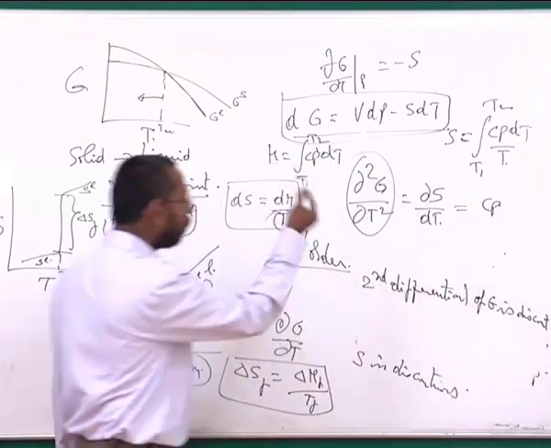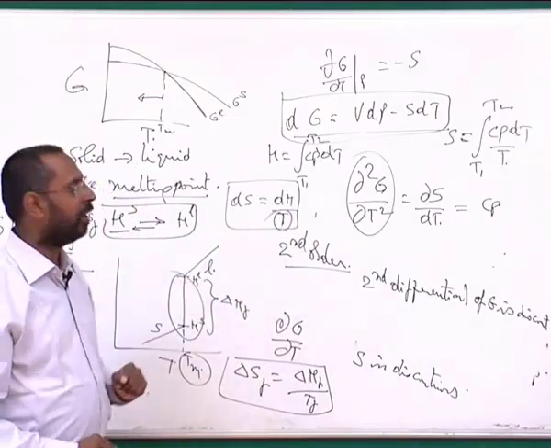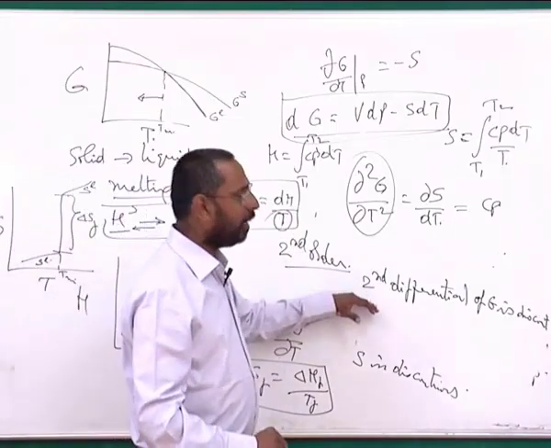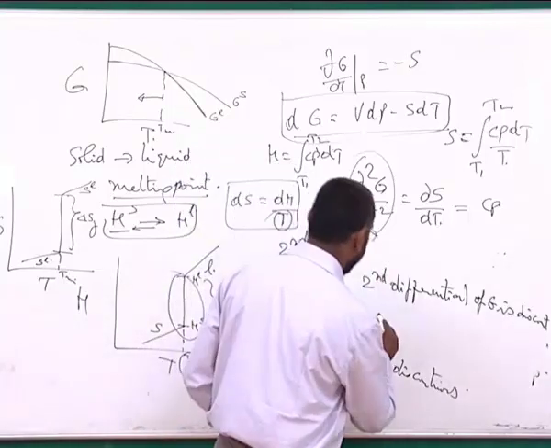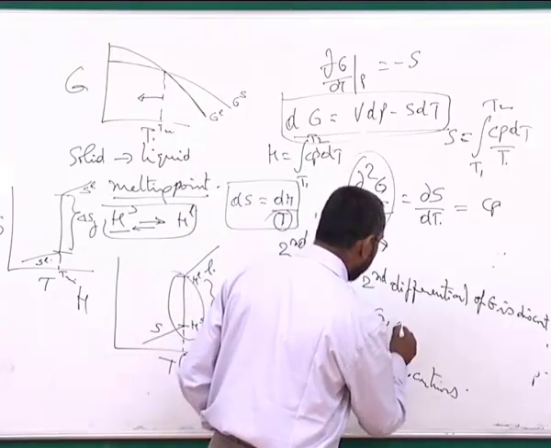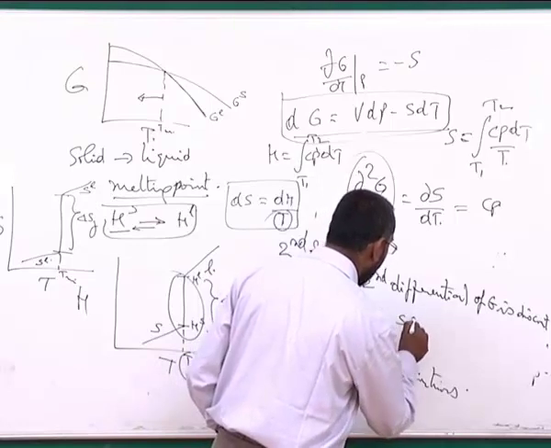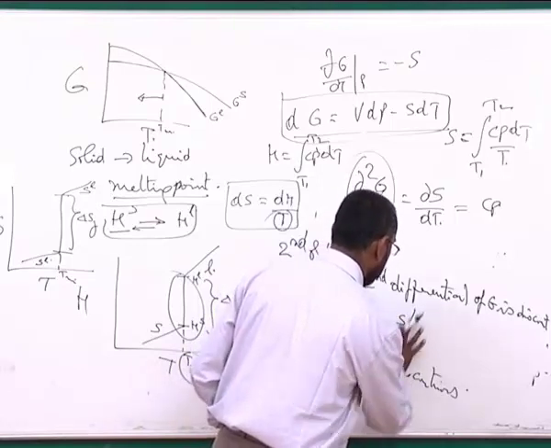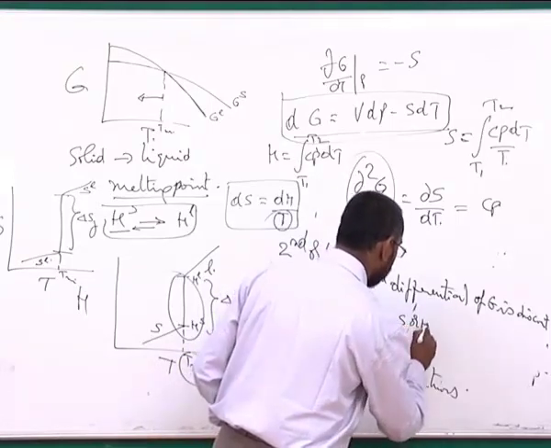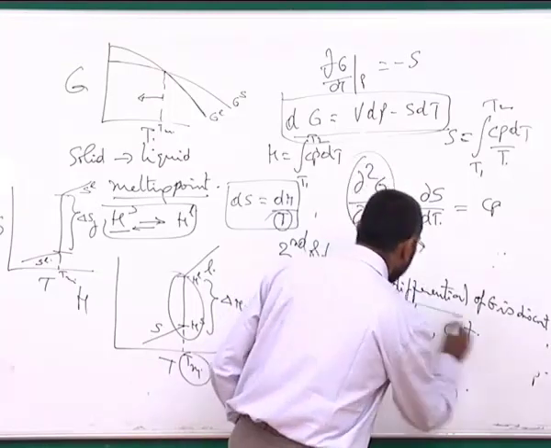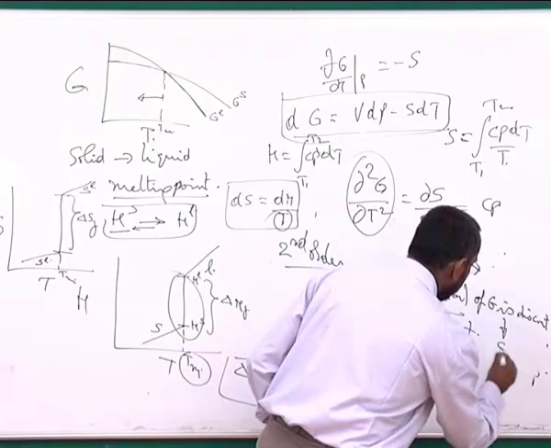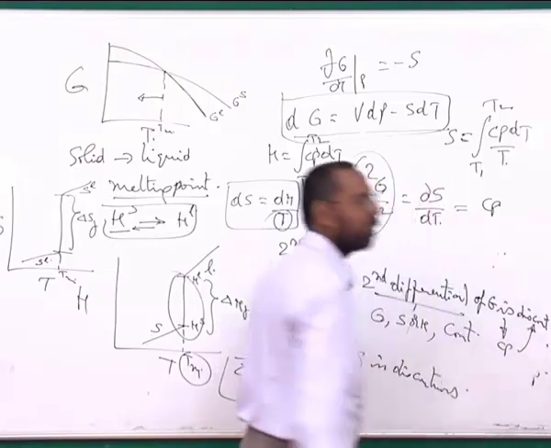So if I plot Cp versus temperature, you will see that for a second order transformation, G and the first differential, which is S or H, both of them will be continuous, whereas the second differential, which is Cp, will be discontinuous.